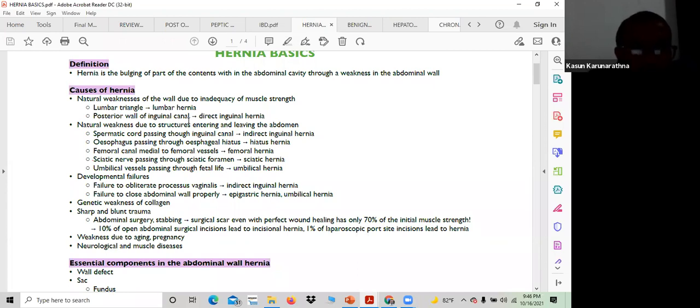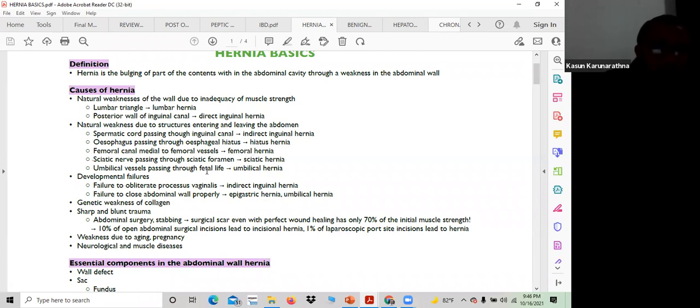It's a natural opening that becomes weaker and leads to formation of hernia, right? In the esophageal hiatus, if it gets wider and weaker, that will lead to hiatus hernia. Femoral canal, again, if it gets wider and due to hormone effects, estrogen, if these ligaments get relaxed, that will lead to femoral hernia.